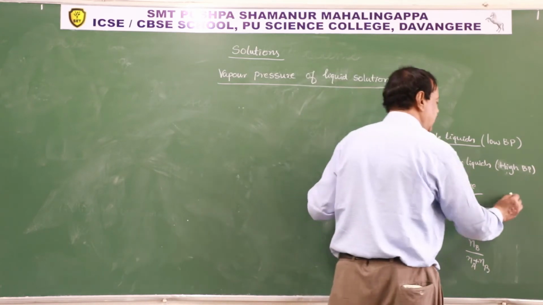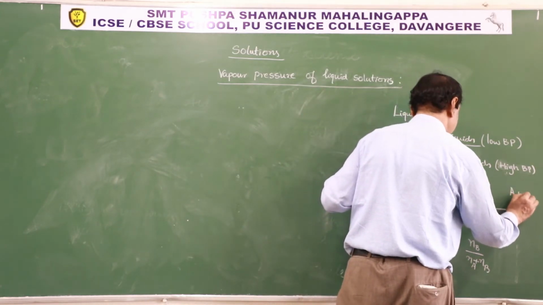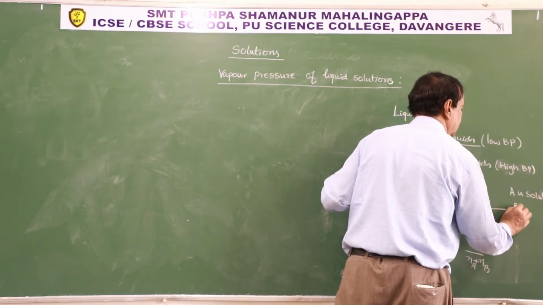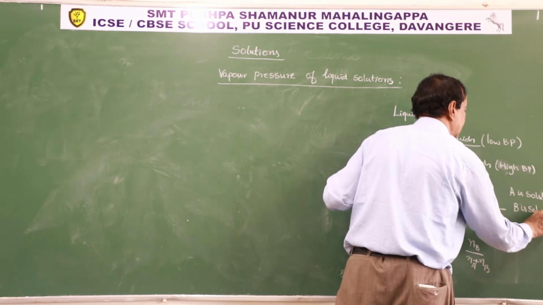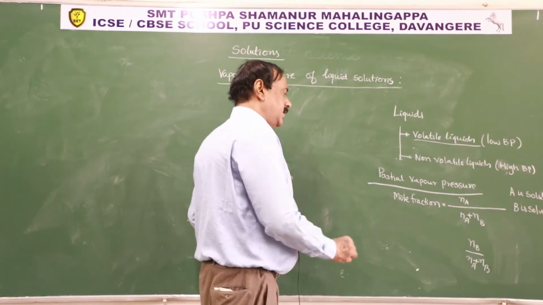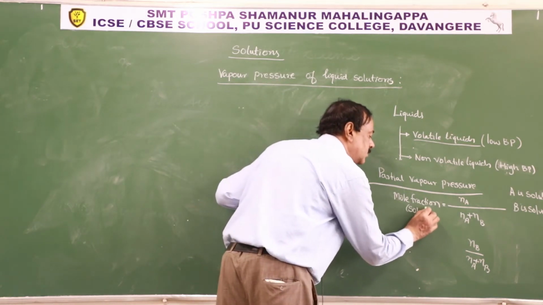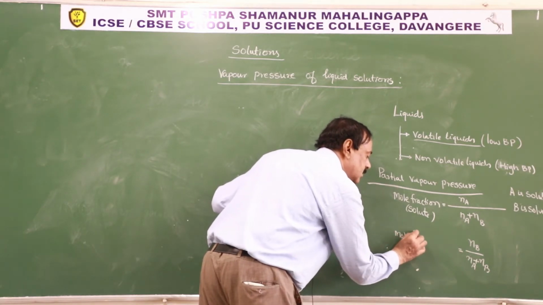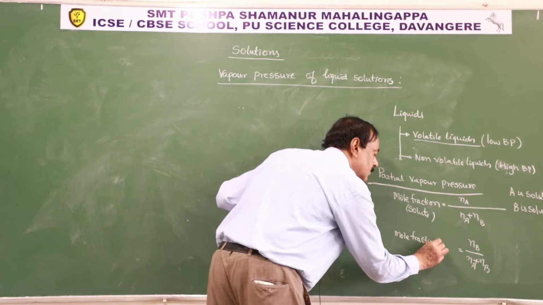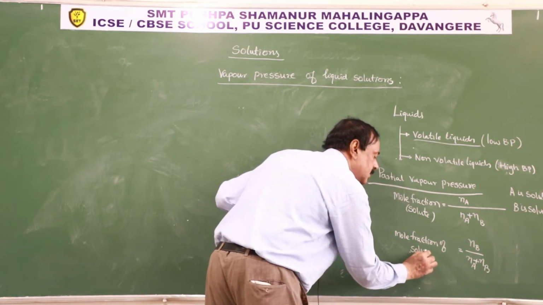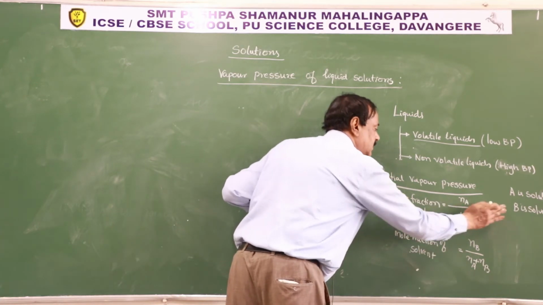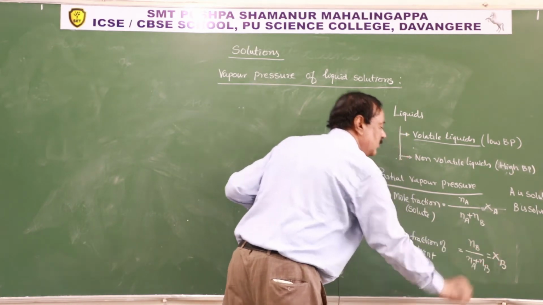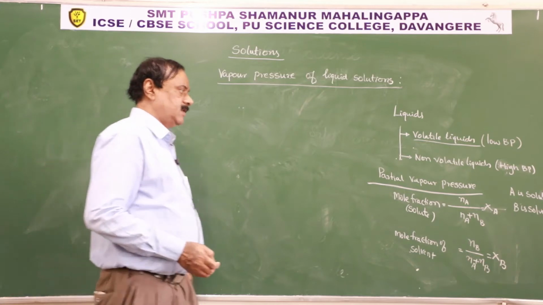Assume that A is solute and B is solvent. Mole fraction of solute and mole fraction of solvent. Assume the mole fraction of solute is XA and the mole fraction of solvent is XB.